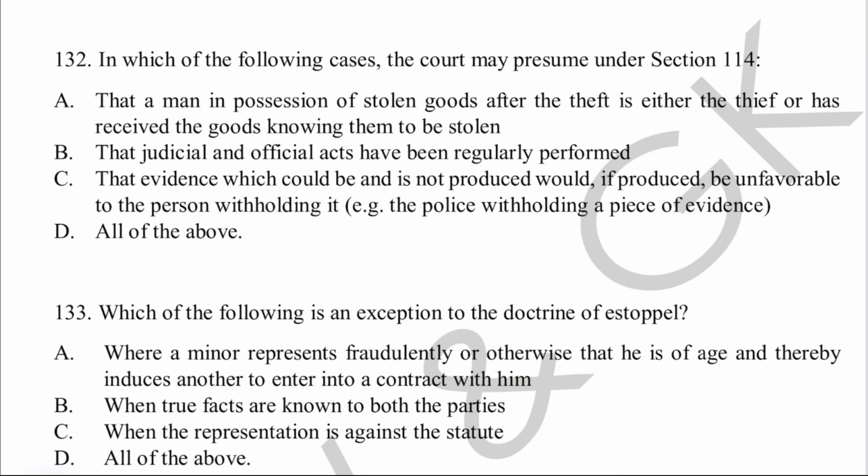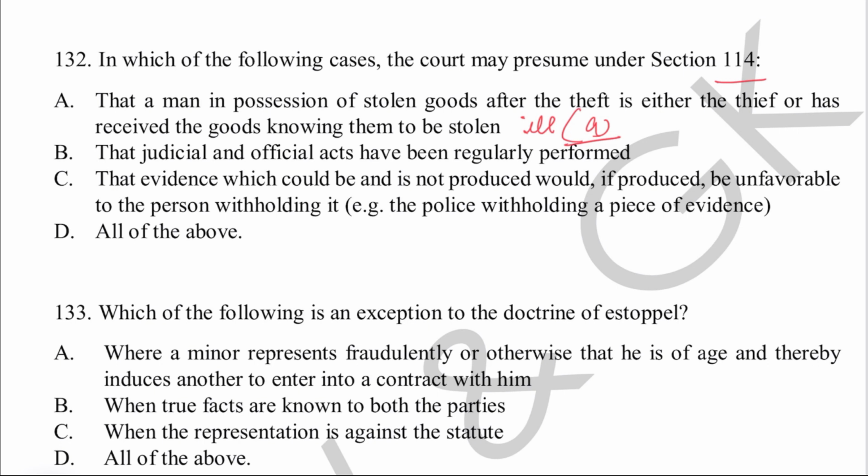Question number 132. In which of the following cases the court may presume under section 114 of Evidence Act that a man in possession of stolen goods after the theft is either the thief or has received the goods knowing them to be stolen? The first statement is basically illustration A of section 114.